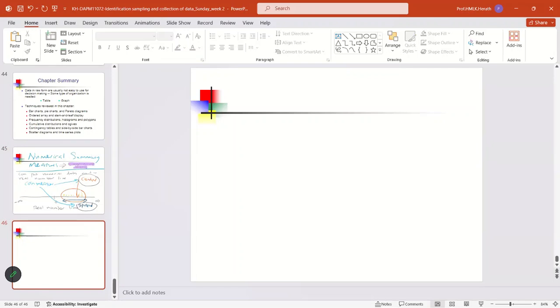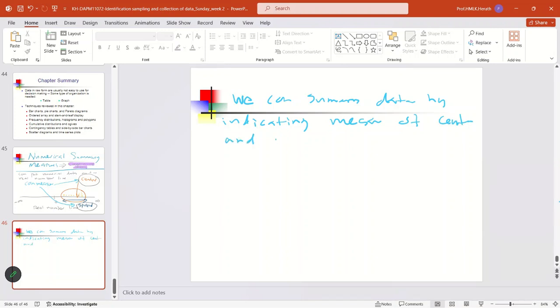Okay, let's talk about this. We can summarize data by indicating measures of center and measures of spread.